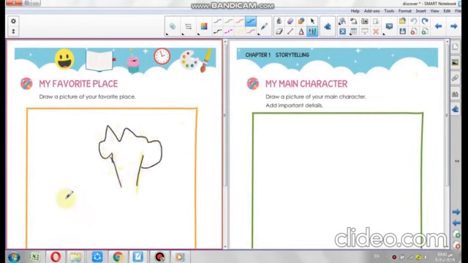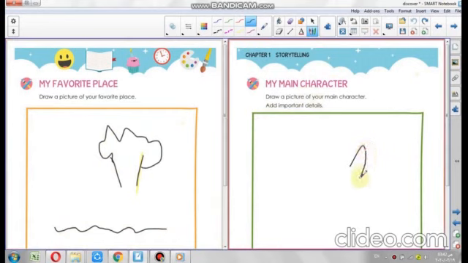And I can draw my main character. My main character is what? A hare, or a rabbit. I can complete this drawing.